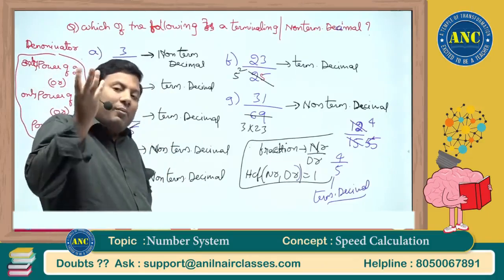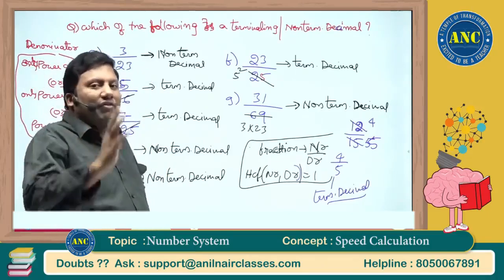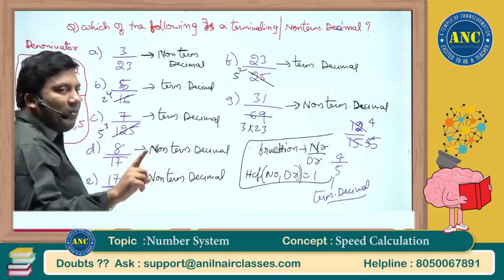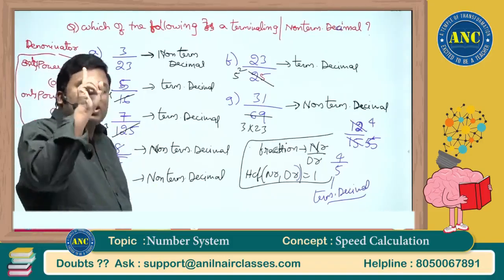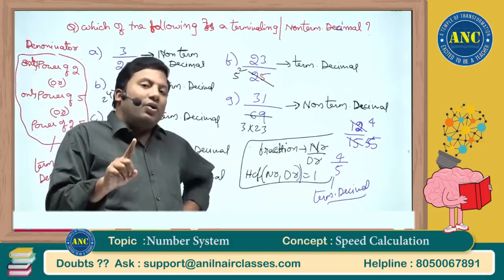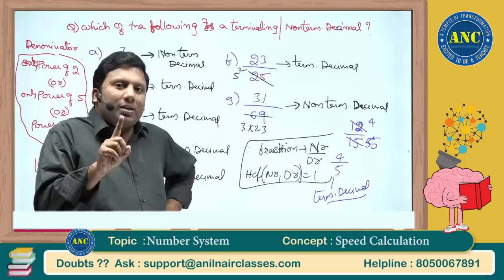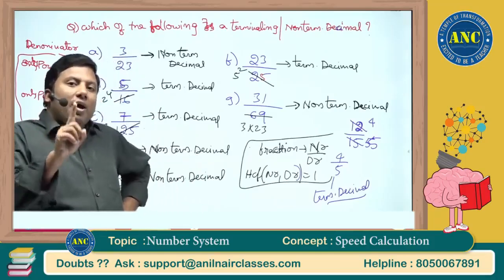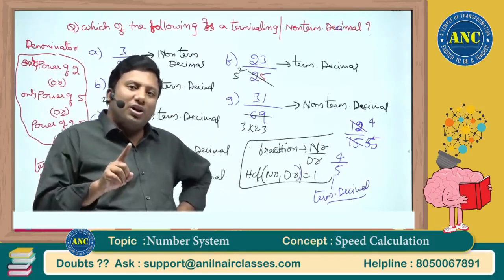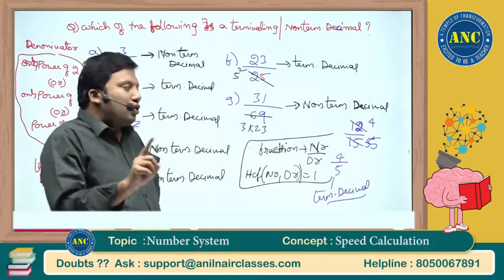Only because your fundamentals are not good, you will suffer not clearing the examination in the first attempt. Remember, the fraction should be in its simplest form. A fraction has a numerator and a denominator. What do you mean by simplest form? Numerator and denominator should be co-prime to each other. Two numbers' HCF should be 1.